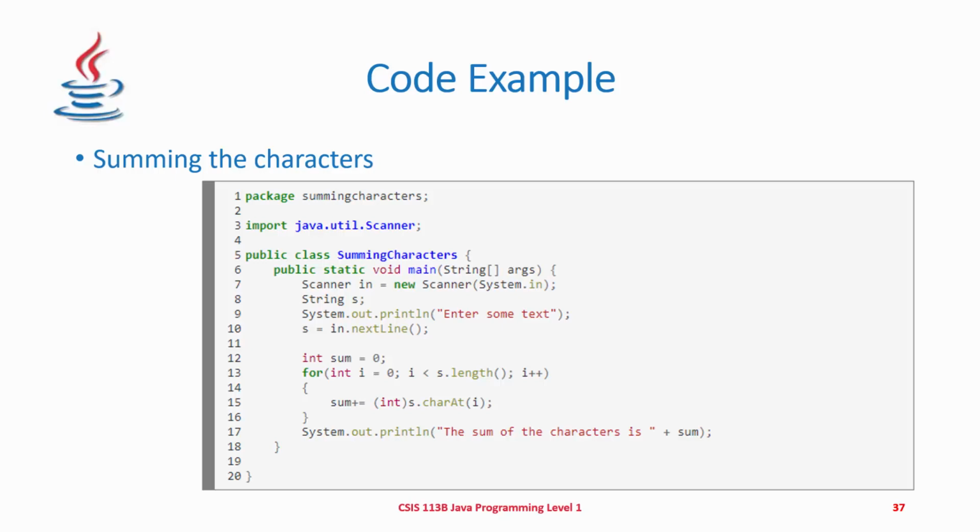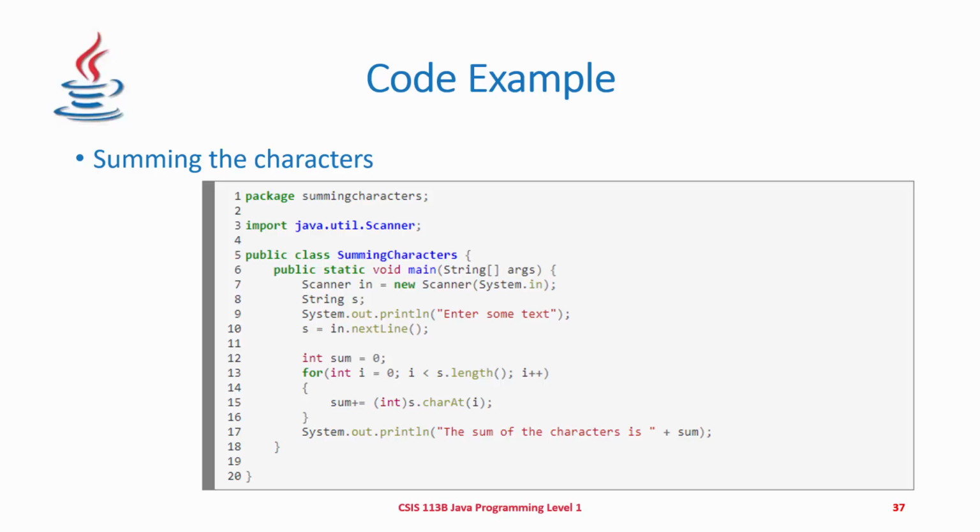We're checking the first character in the string the first time we go through the loop. That character gets converted to its integer value and added to the sum variable. Then we go back through the loop, we get the next character, convert its numeric value to an integer, add it to the sum, and just go on until we get to the end of the string.